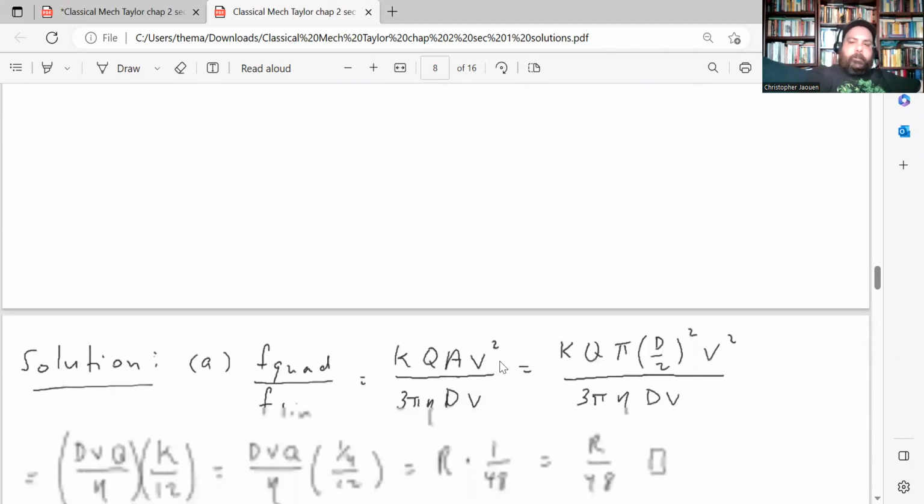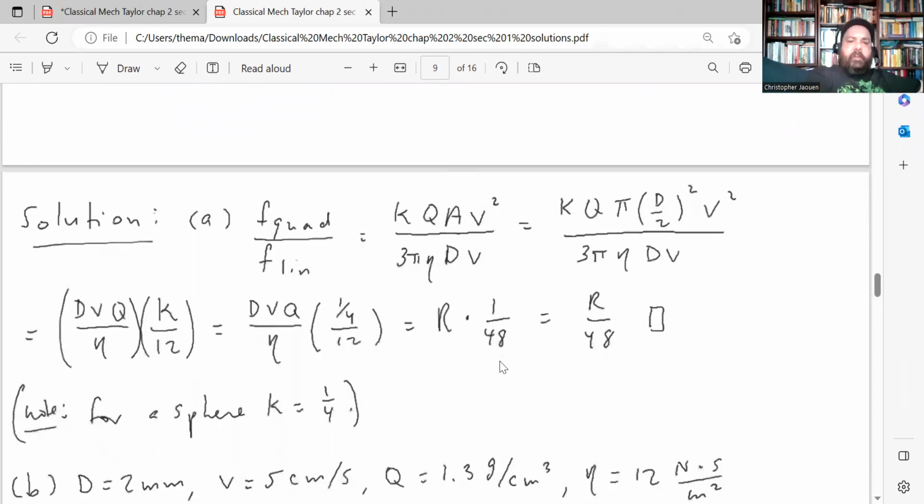Okay. So here's the solution for part A. Taking the ratio, using the formulas, we have κρAv squared over 3πηdv. Using the fact that this is a sphere, the diameter is double the radius, so the radius is d over 2, and the cross-sectional area A would be π times (d over 2) squared, right? Pi r squared.